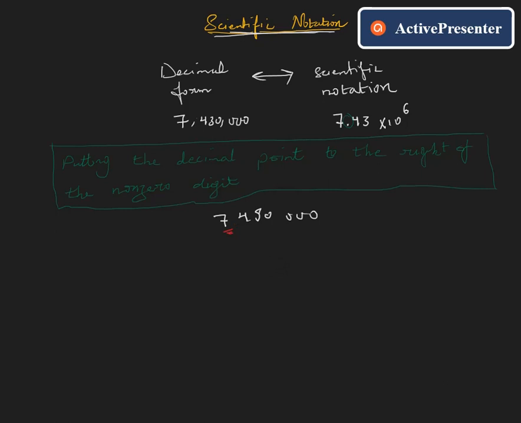The decimal point at the right of this non-zero digit, and we calculate how many decimal places. This is number 1, 2, 3, 4, 5, 6. Then we transform to the scientific notation. So the final answer should be 7.4 multiplied in 10 to the power 6.